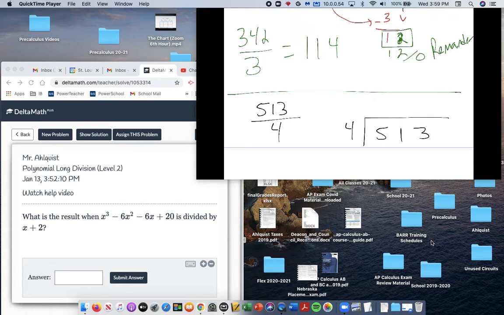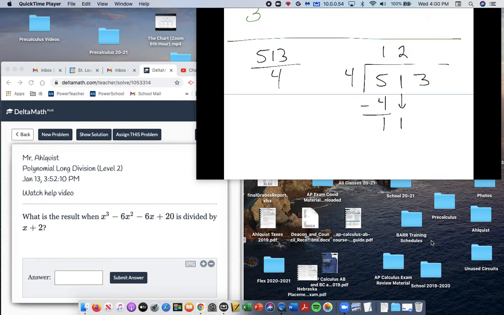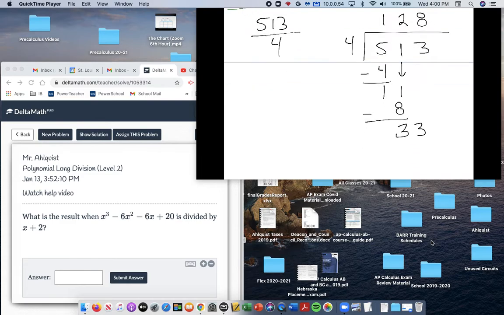So 513. I know 4 goes into 5 1 time. 1 times 4 is 4. If I subtract these, I get 1. Drop this down to here. 4 goes into 11 2 times. 2 times 4 is 8. 11 minus 8 is 3. 4 goes into 33 8 times. 8 times 4 is 32, and there's 1 left over.